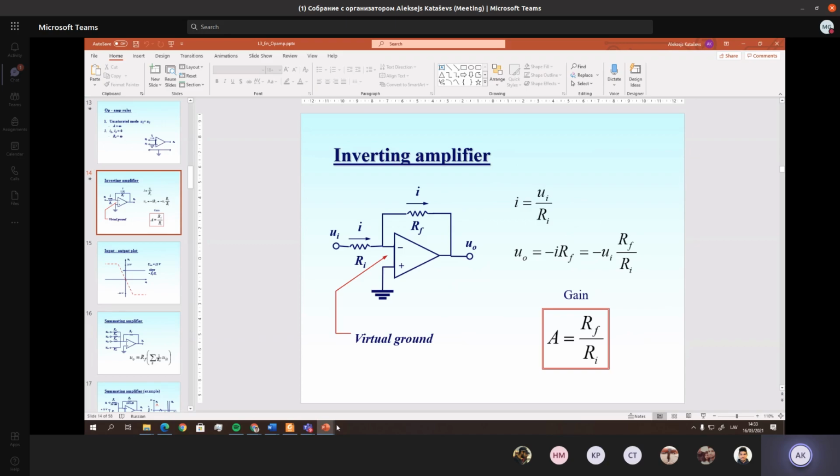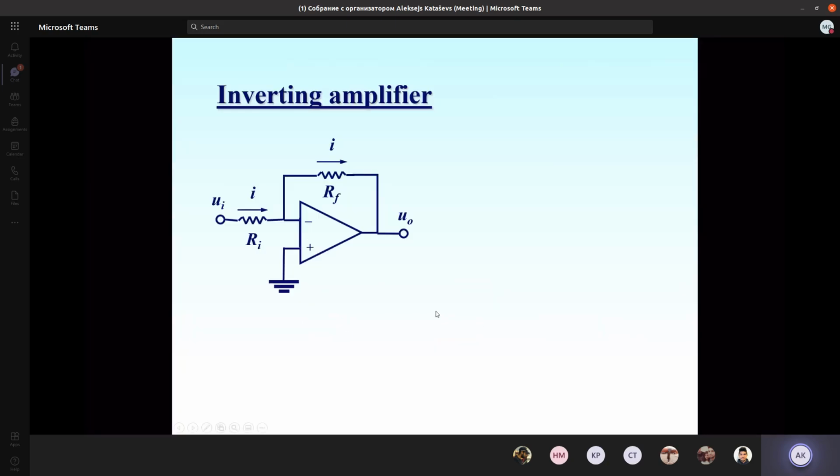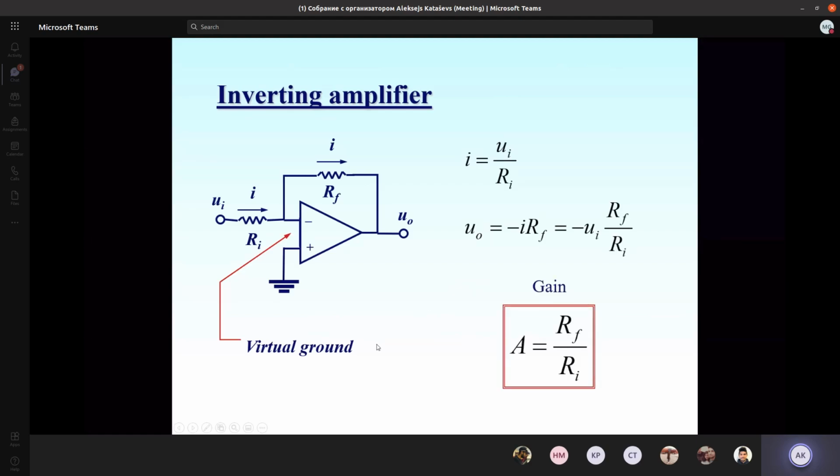So I just wanted to remember what we have discussed, the idea of the inverting amplifier. So we have a device in which we apply some input voltage to the input resistor R1, and the voltage causes the current to flow through the input resistor and the feedback resistor, because there is no current going inside.